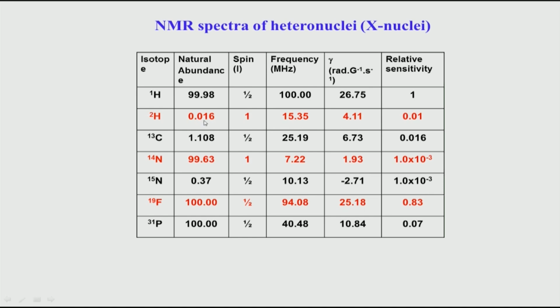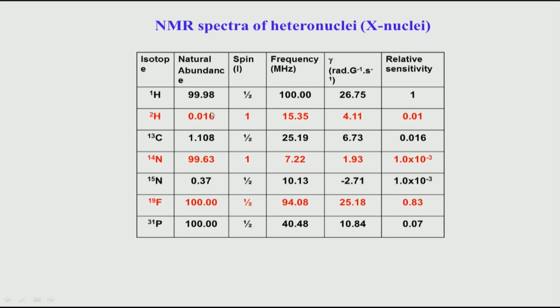The natural abundance is very small, only 0.016%, and the gyromagnetic ratio is 6.5 times less. Therefore, the frequency will be 15 megahertz, and the relative sensitivity depends on these two factors.